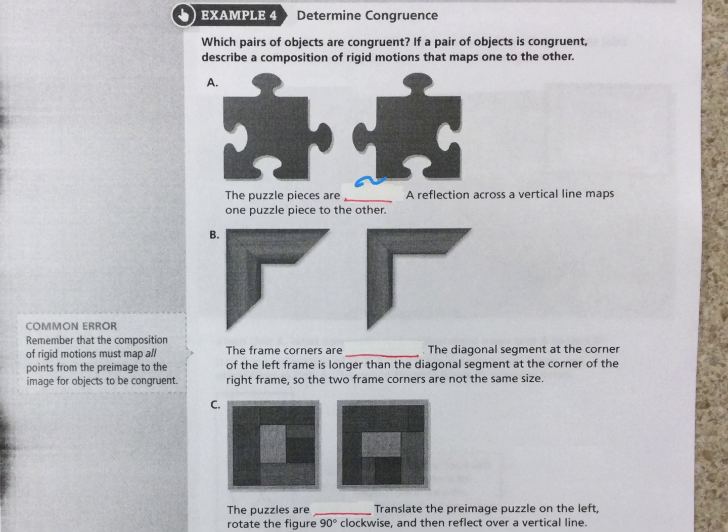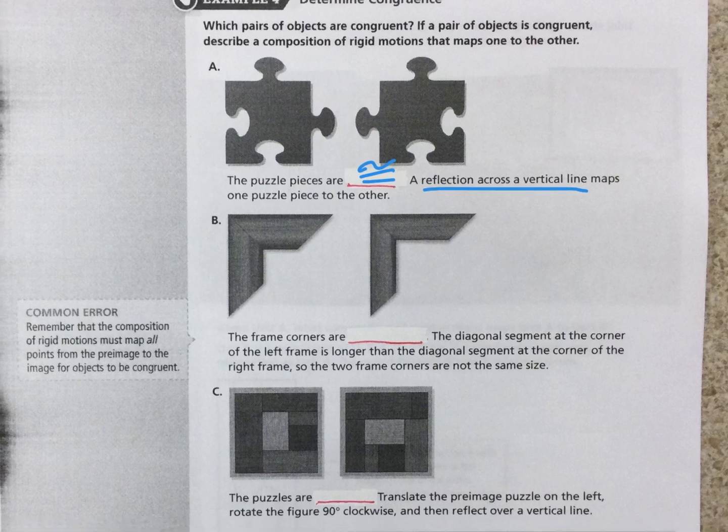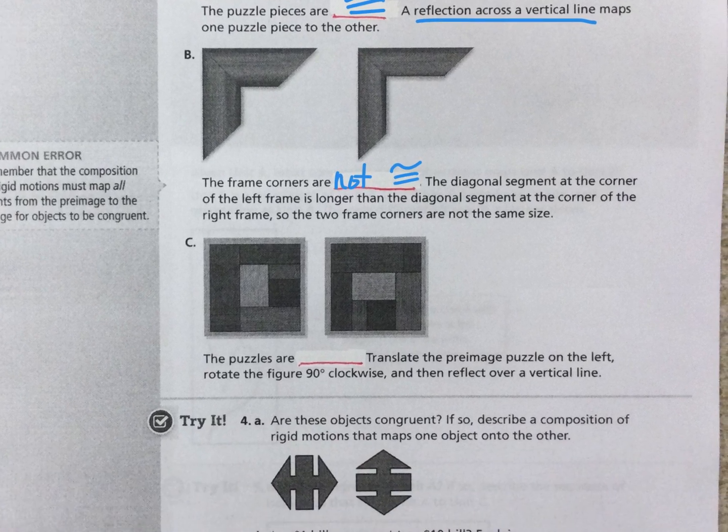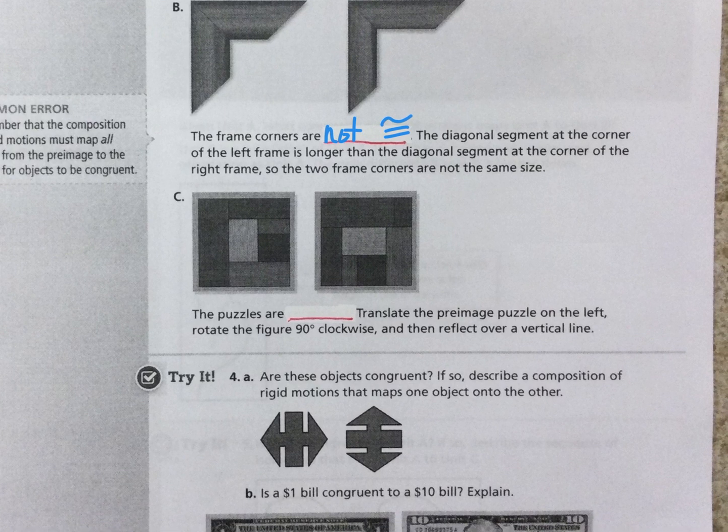Yeah, we can tell they're congruent, and if we reflect it, it will do that. These are not congruent. They're not the same size, we can see that. And what about this? If we translate it and rotate it, they are congruent.